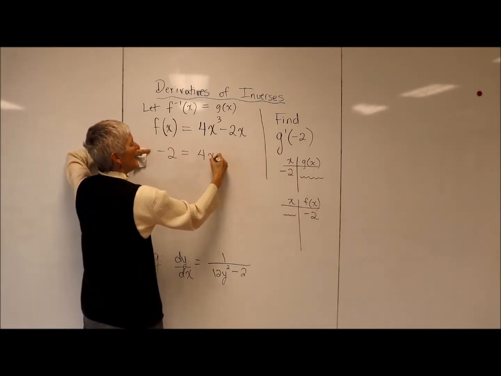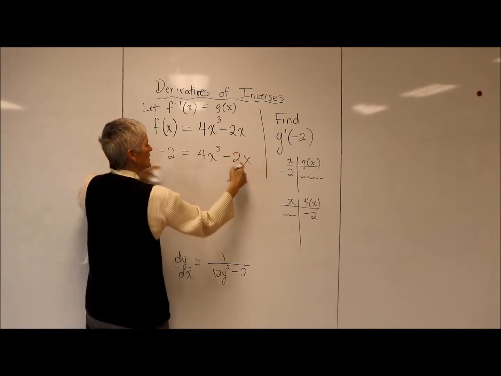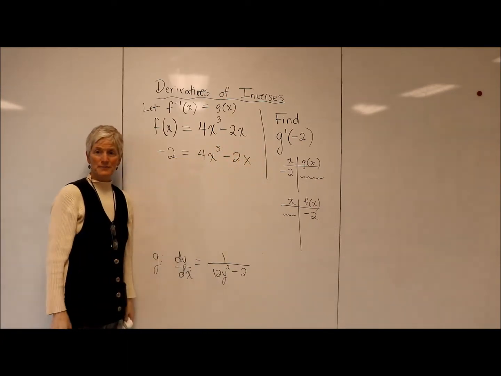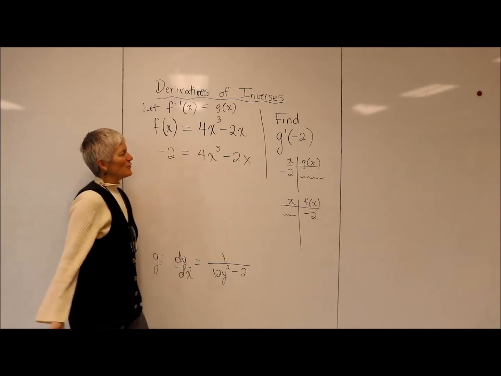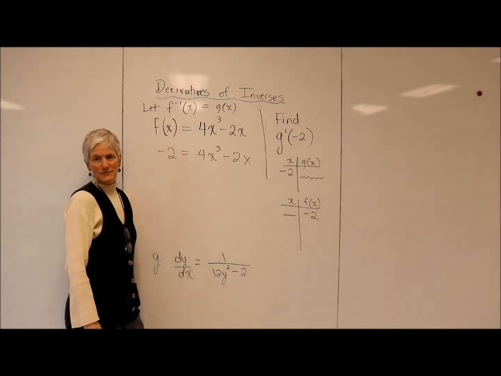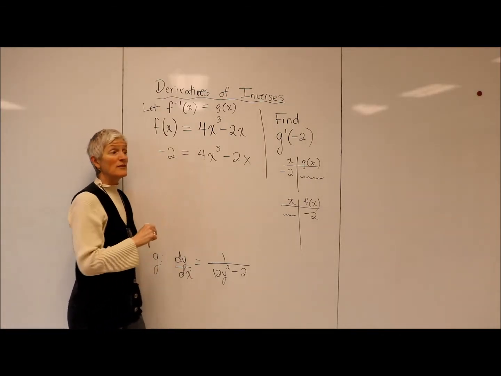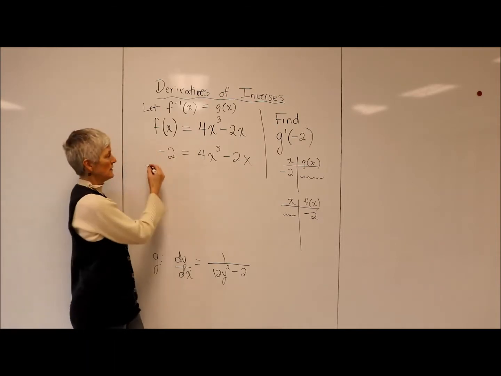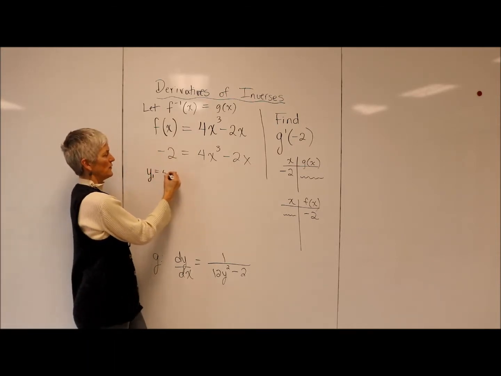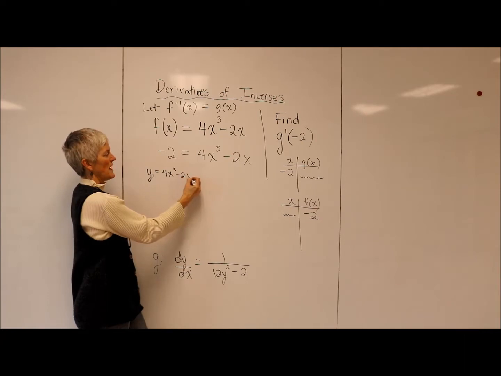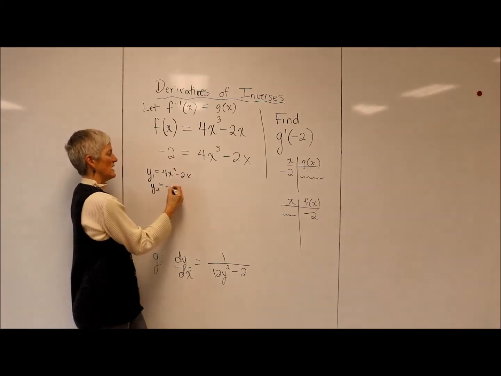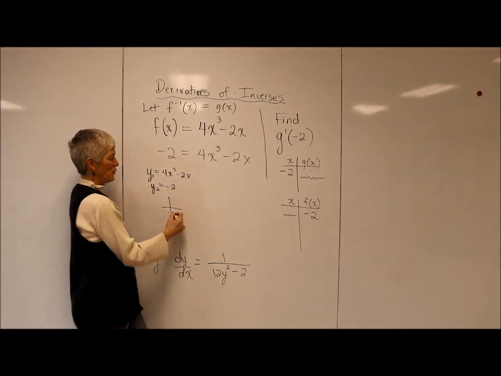In other words, what x value would produce a -2? This doesn't look like it would be nice algebraically. We could stick that into our graphing calculator, right? Do y1 equals 4x cubed minus 2x, y2 equals negative 2, and see where they intersect.